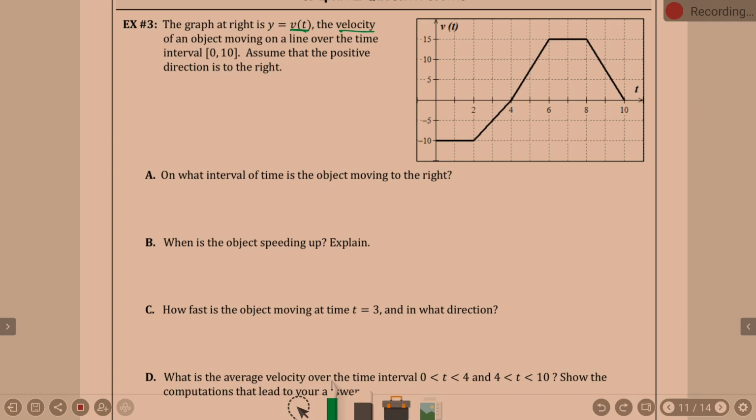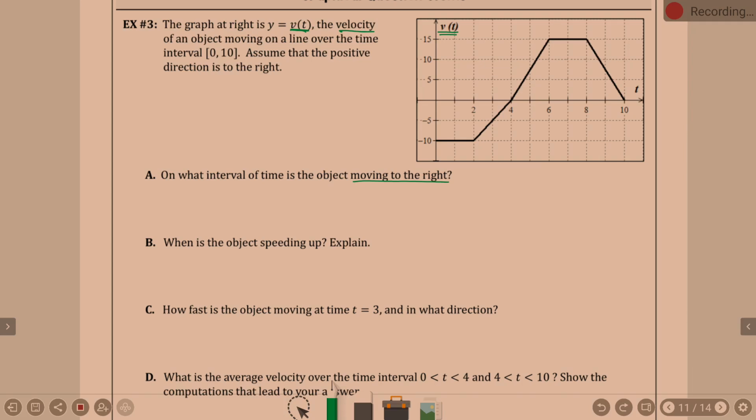Okay, so can't stress enough, v of t. On what interval of time is the object moving to the right? So when does an object move to the right? Above the x-axis. What's above the x-axis? Because that's when velocity is positive, and velocity being positive in this particular graph, because it's a velocity graph, is above the x-axis, right?